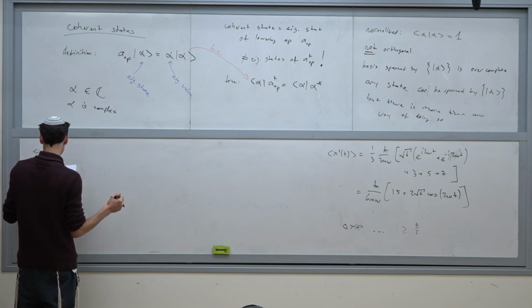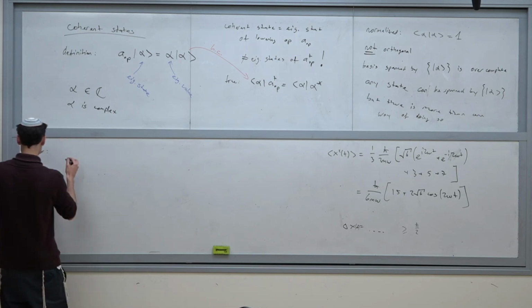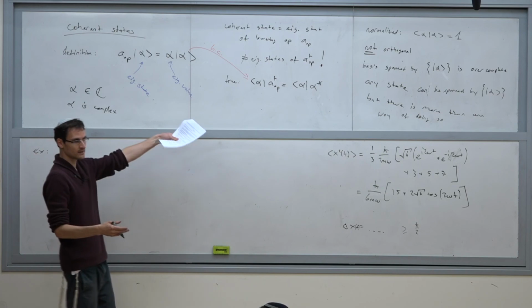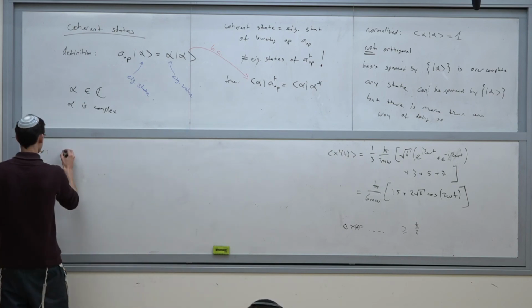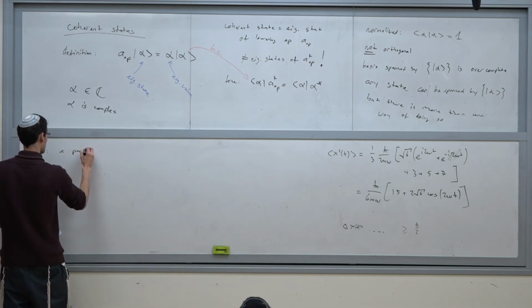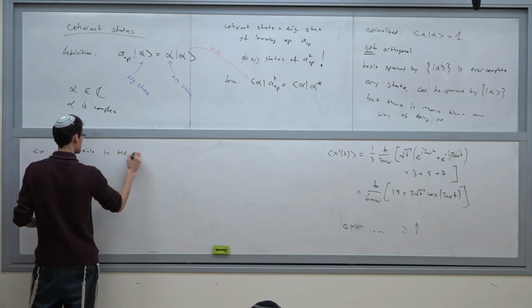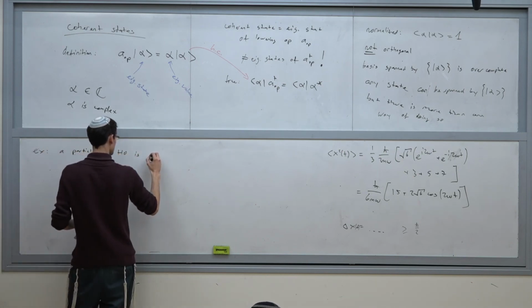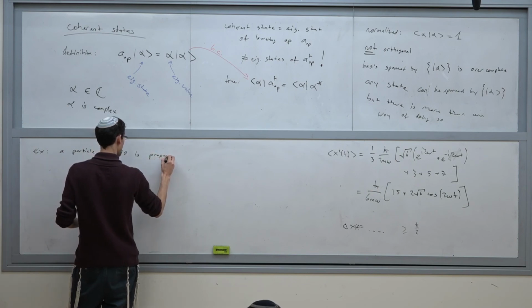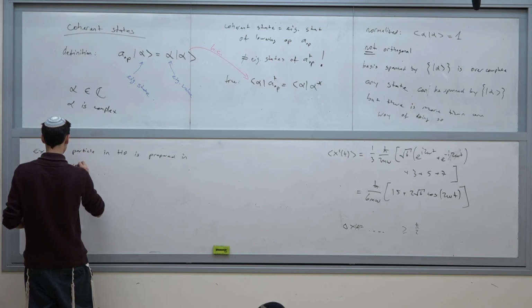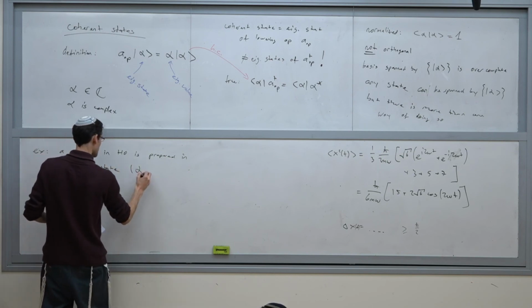Okay, example. So we're considering a particle in a coherent state. It's given that it's prepared in a coherent state. A particle in a harmonic oscillator, obviously, is prepared in the coherent state alpha 0.